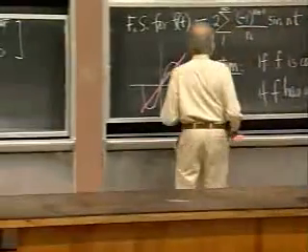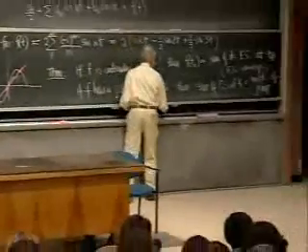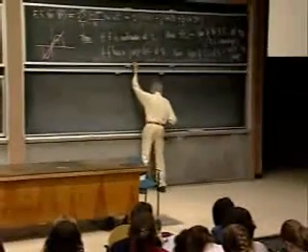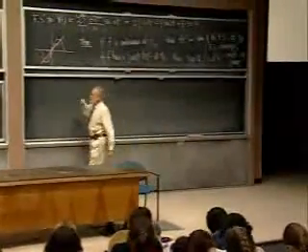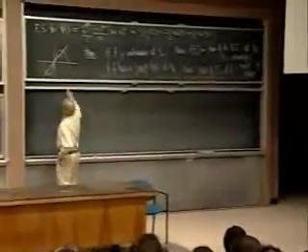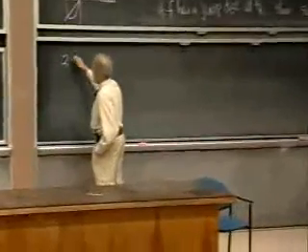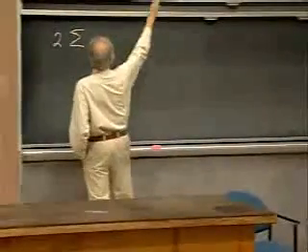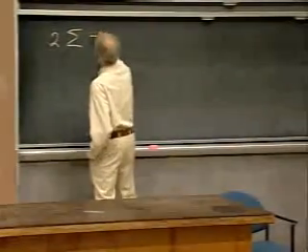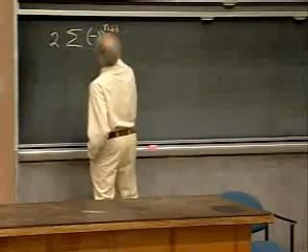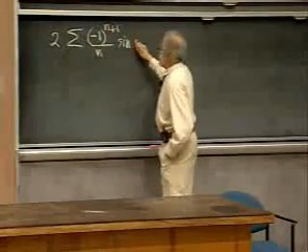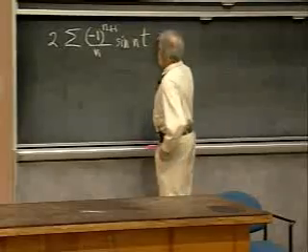So if I ask you to what does this series converge, I'll write it out in the abbreviated form, the summation of minus 1 to the n plus 1 over n times sine nt. What's the sum of the series?